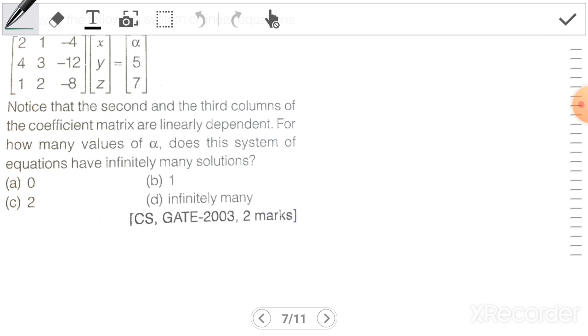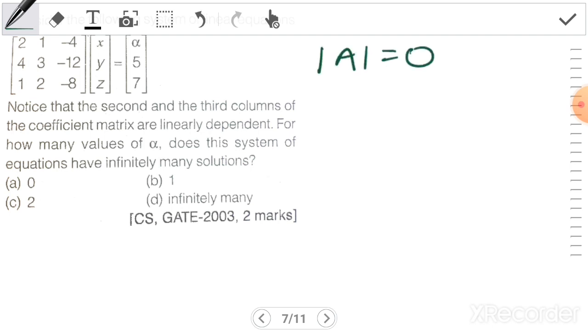So notice that the second and the third columns of the coefficient matrix are linearly dependent. For how many values of alpha does this system of equations have infinite many solutions? See, when two rows or two columns are same or any relationship can be established, then determinant is 0.